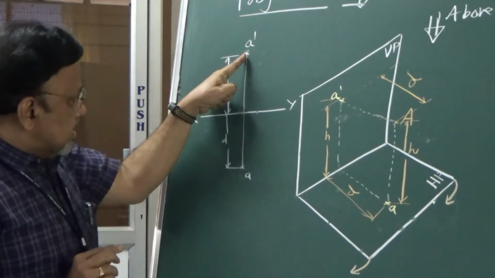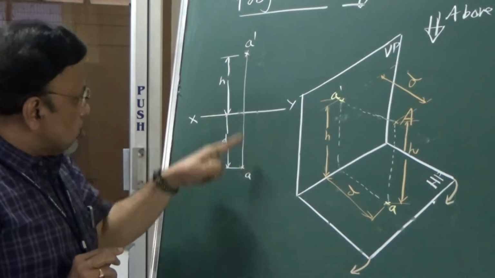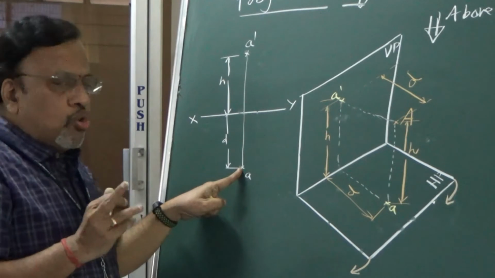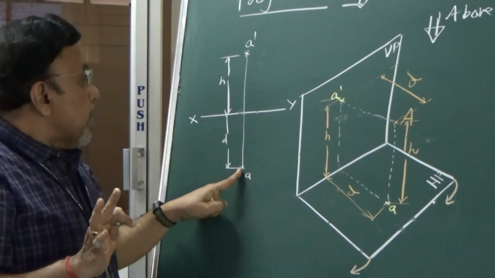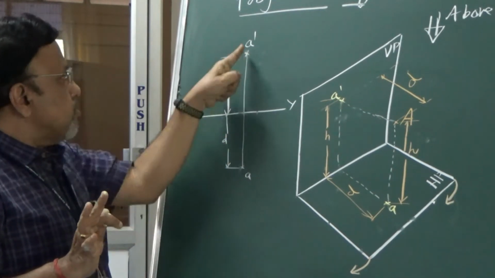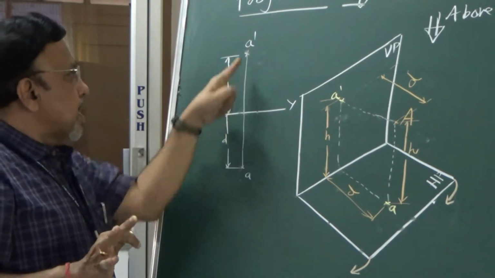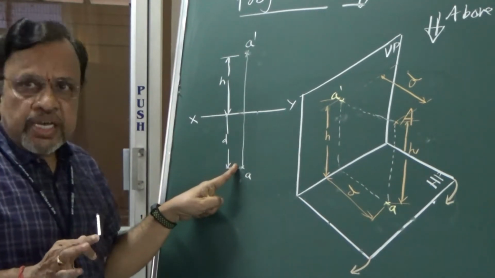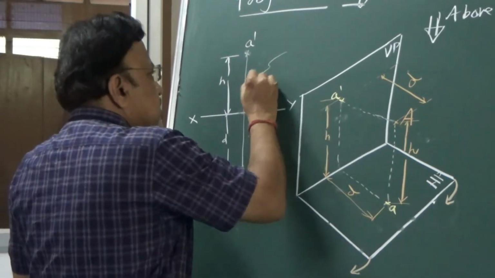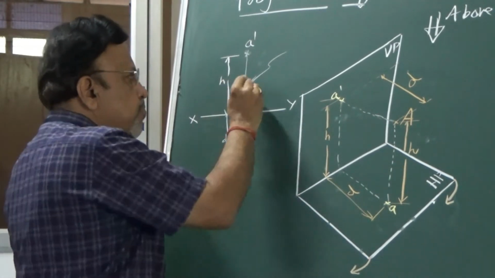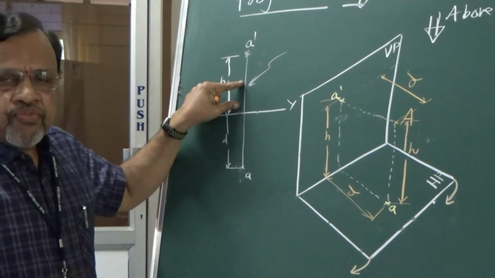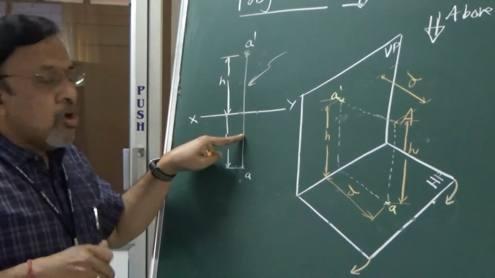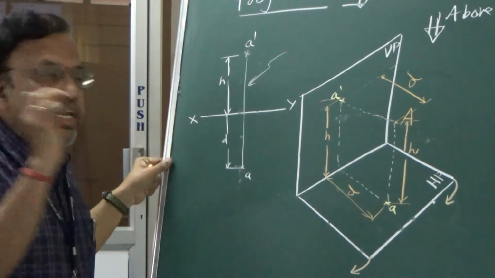Whenever you draw the projections, always remember that your projector should have A dash and A, or I can say the line joining the front view and top view will give the projector. Since these projectors are not the purpose for me, the purpose is to draw the projection of points, the projectors should be as thin as possible.